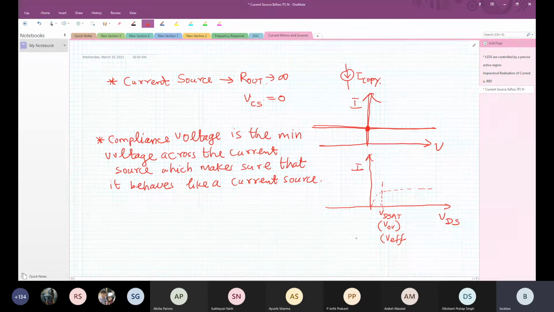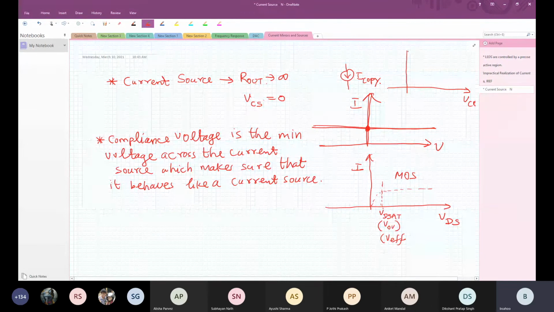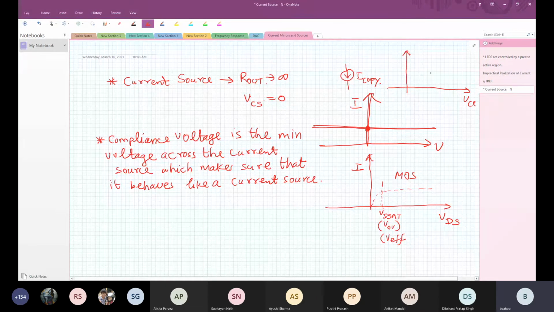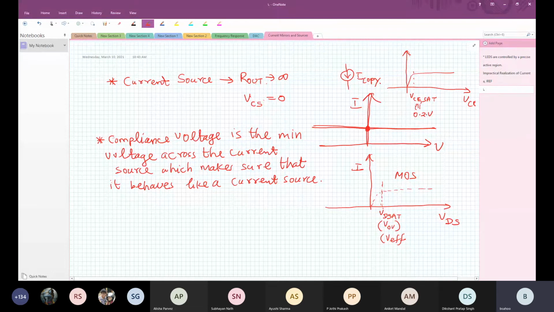This is for a MOSFET. In case of a BJT, what happens? VCE, and here it is going to behave like a current source at VCE-SAT, and that is roughly equal to 0.2 volts.